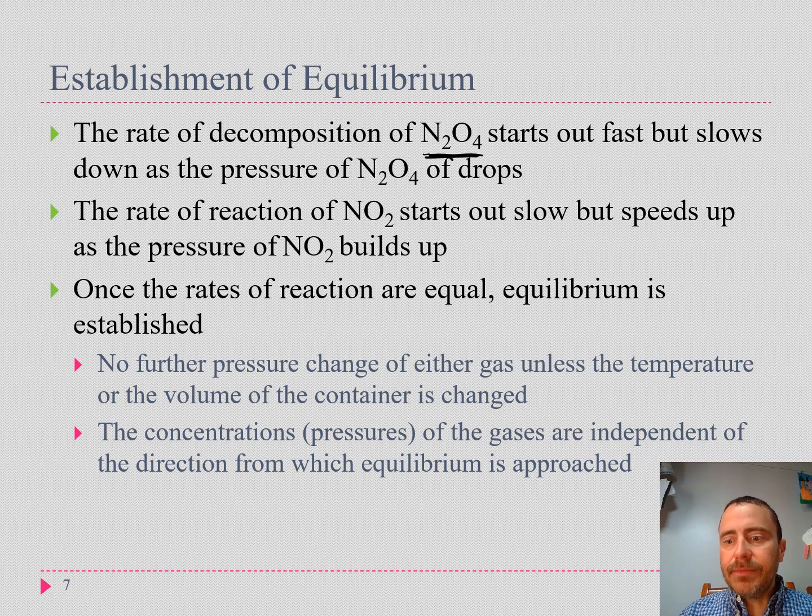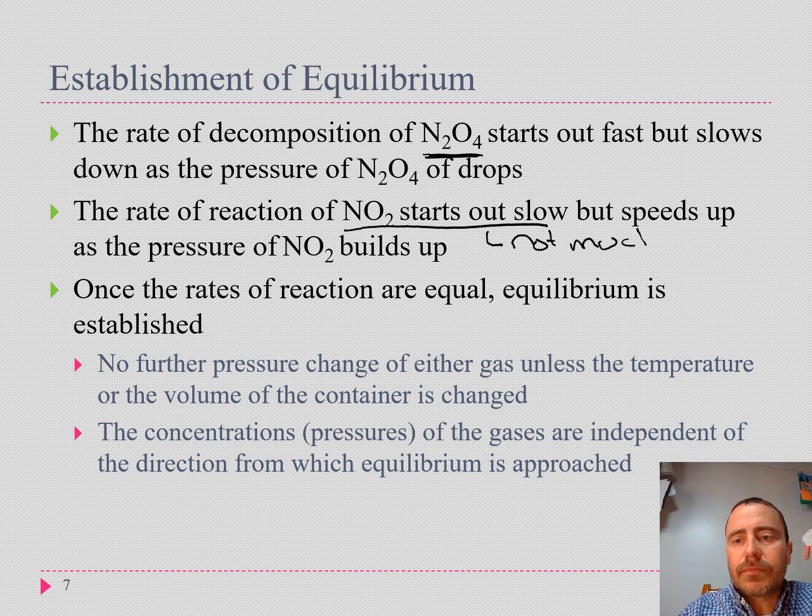At the same time, the rate of reaction of our NO2s colliding together to form N2O4, that reverse reaction, is not going to happen very quickly, because at the very beginning there's not much NO2 to begin with.